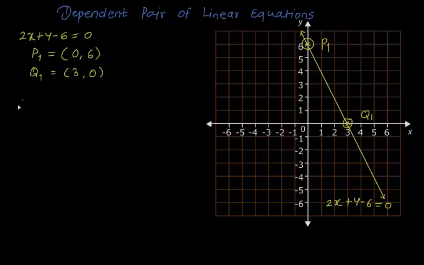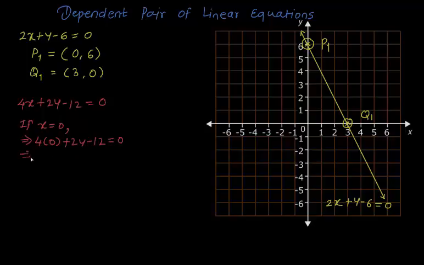The linear equation is 4x plus 2y minus 12 is equal to 0. Now let's assume the value of x as 0. So what we'll get? 4 into 0 plus 2y minus 12 is 0.